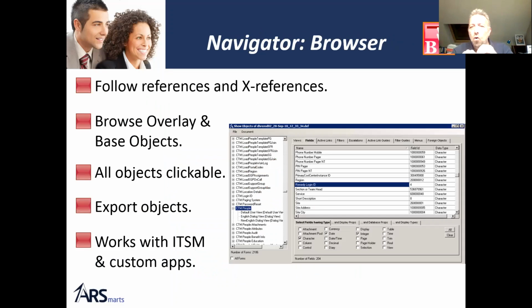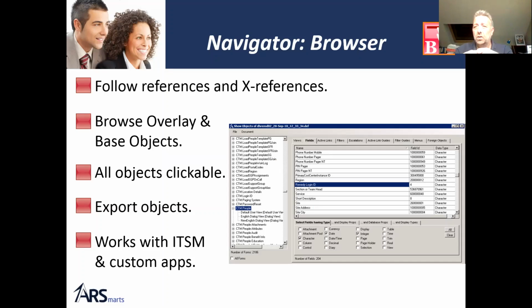So an overview of the different functionalities of ARSmarts. I will demonstrate all these in the demo within a few minutes, but just to give you an idea of what's ahead, the first functionality is a browser that allows you to browse through your workflow. So you can browse through your forms.